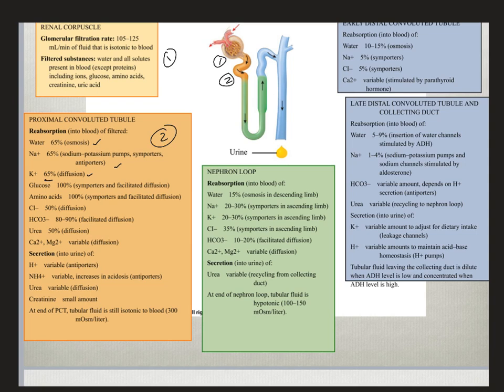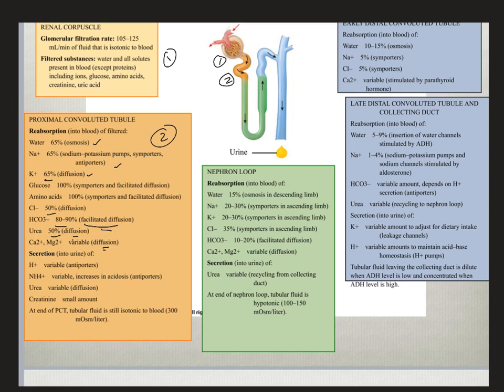Glucose 100% is picked up via symporters and facilitated diffusion. Amino acids 100%, chloride 50%, bicarbonate 80 to 90% by facilitated diffusion, urea 50% by diffusion, and we'll see urea picked up again and secreted again through the nephron loop. Calcium and magnesium are going to be variable depending on what's in your body, through diffusion.